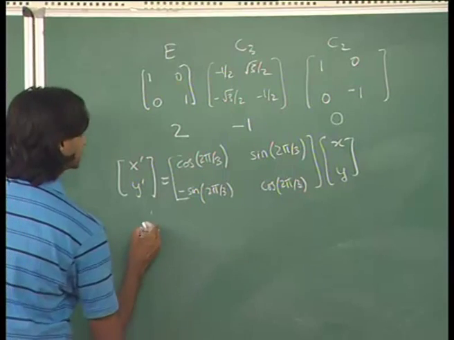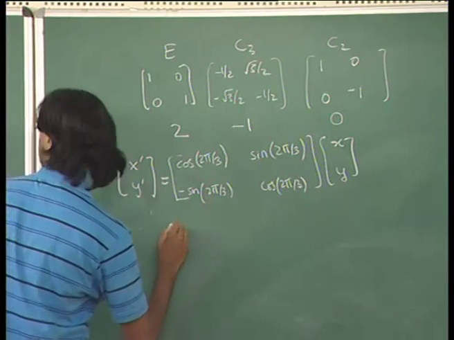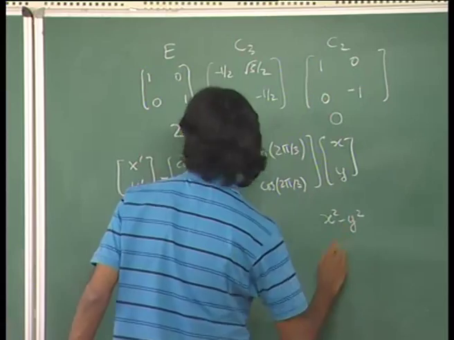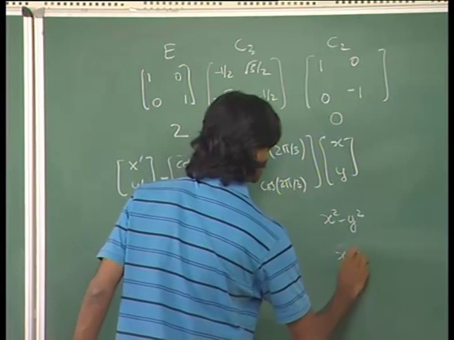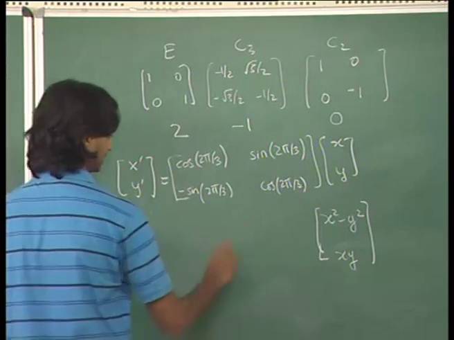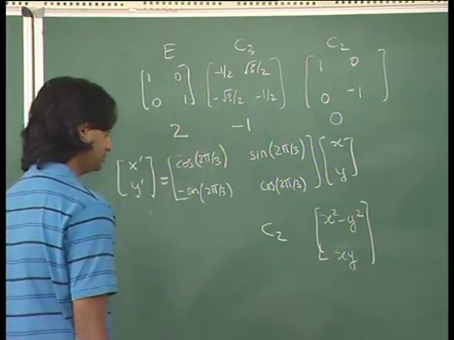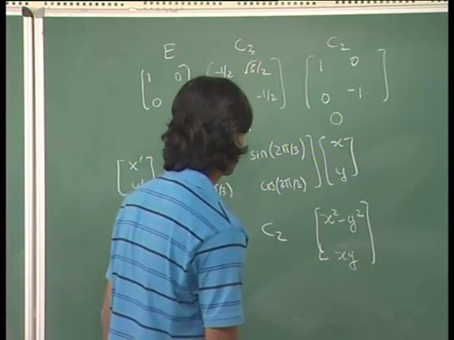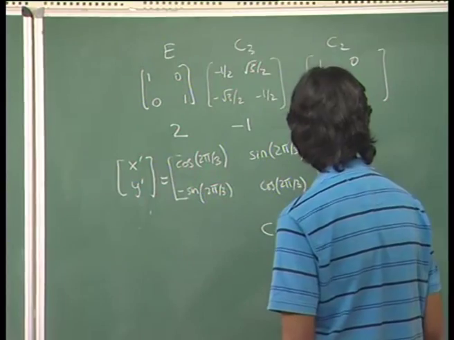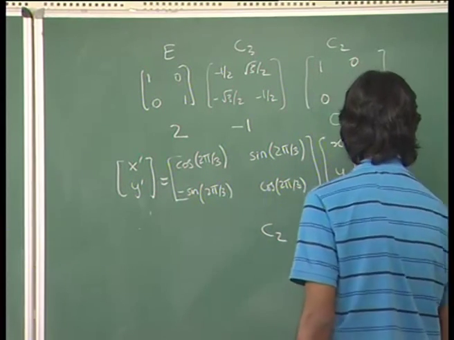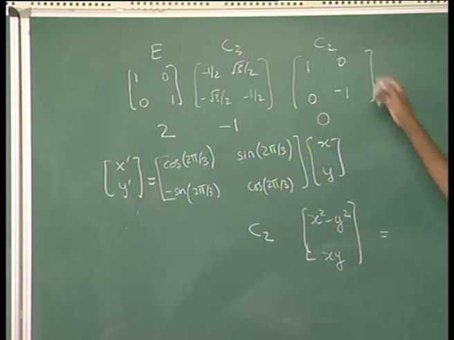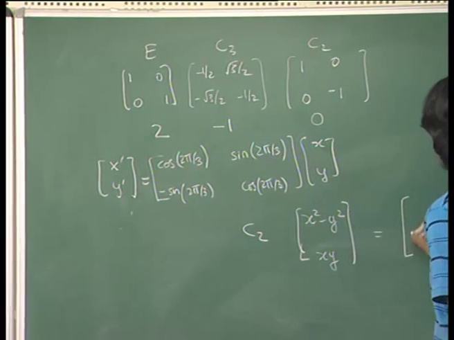So, you take a vector of the form x square minus y square and x y, and you operate it with C2. Then what you will get is the following. C2 will keep x as it is, so you will get x square.